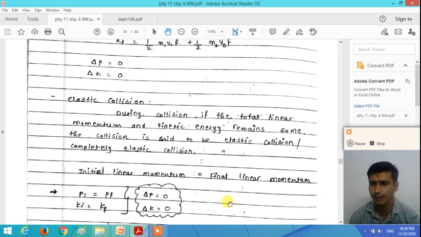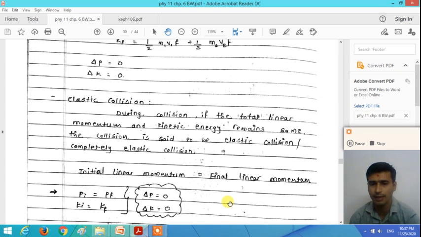An object having a mass of 2 kg, moving with a velocity of 3 meters per second, collides with another stationary object of mass 10 kg. After the collision, the velocities of both objects are given to you. So you can easily find whether the collision is an elastic collision or an inelastic collision, right?